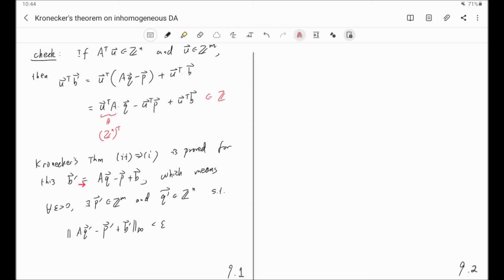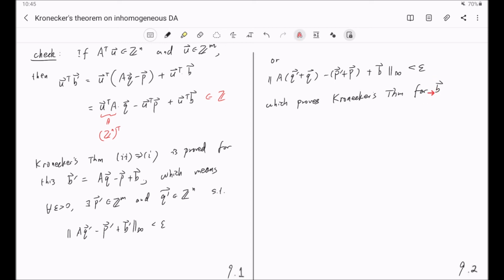And if you plug in the expression for b prime in here, you will get the maximum norm of A times (q prime plus q) minus (p prime plus p) plus b is less than epsilon, which proves the Kronecker theorem for the vector b.